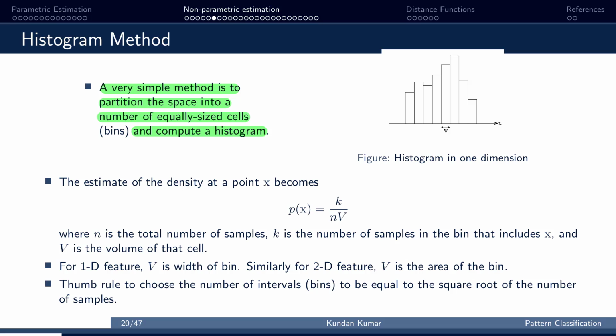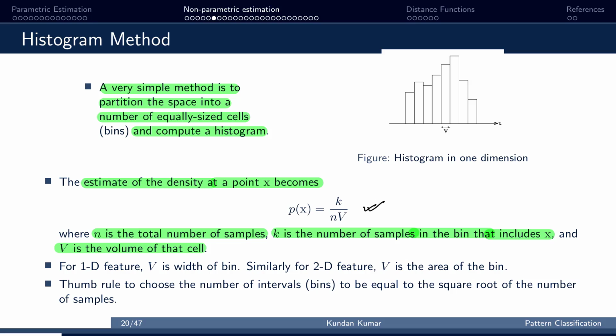So here we can estimate the density at a point x, which is given by this expression, where n is the total number of samples and k is the number of samples in the bin that includes x. That bin is basically the volume, and V is the volume of that cell.